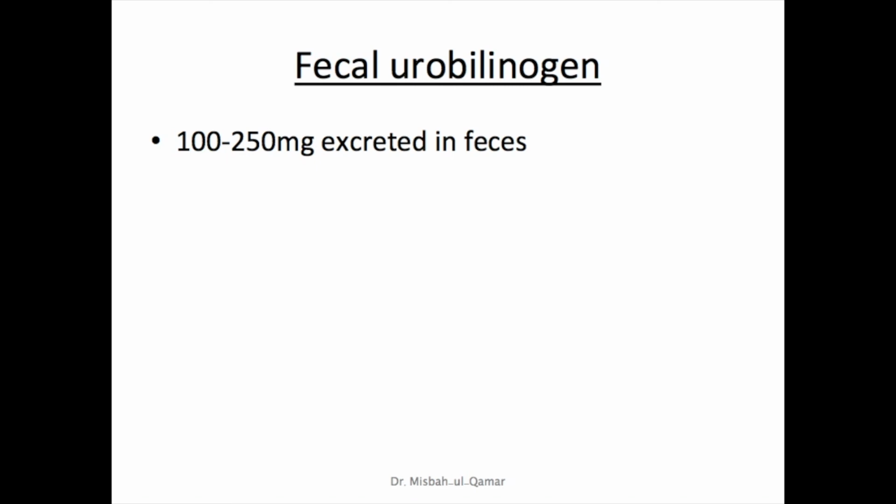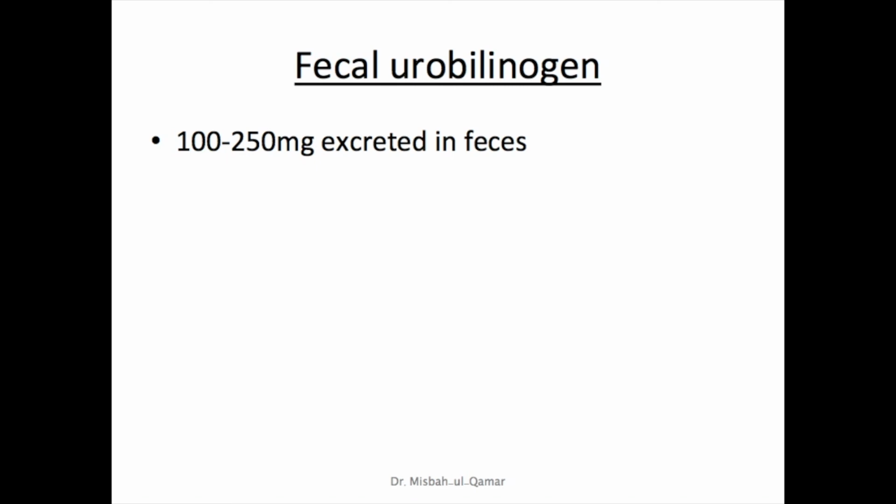Normally, 100 to 250 milligrams of urobilinogen is excreted in feces, which is increased in hemolytic jaundice, while it is decreased in hepatic and post hepatic jaundice.